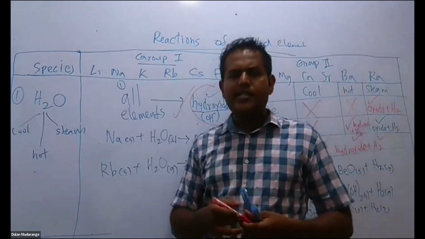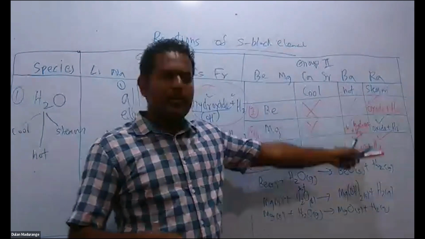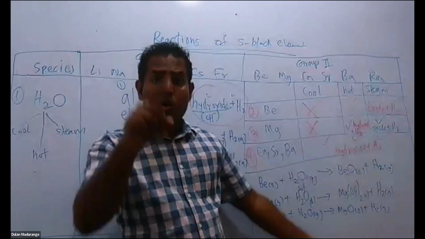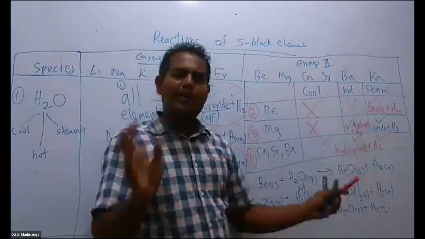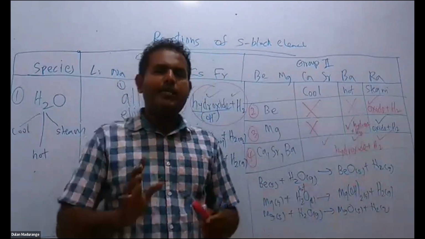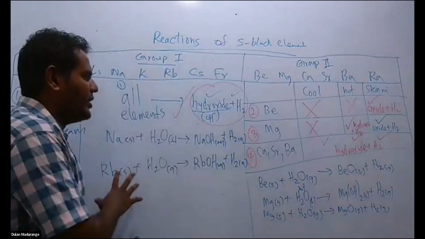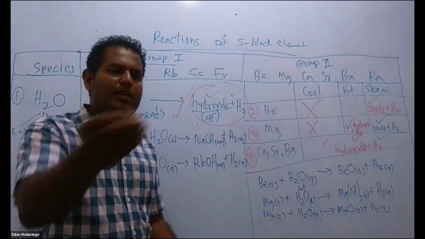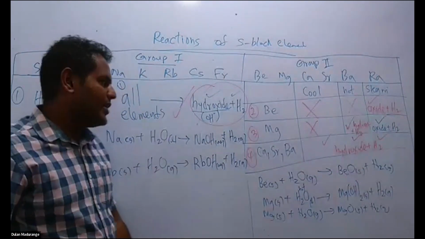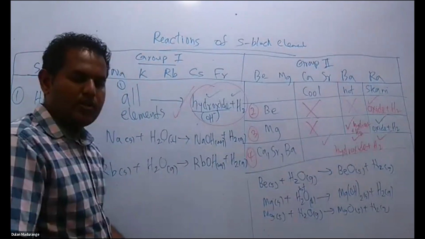That means calcium, when it reacts with steam, doesn't produce oxide plus H2. Beryllium and magnesium give oxide plus H2, but calcium, strontium, barium have reactivity like group 1, so even with steam they will produce hydroxide plus H2. Can you imagine?